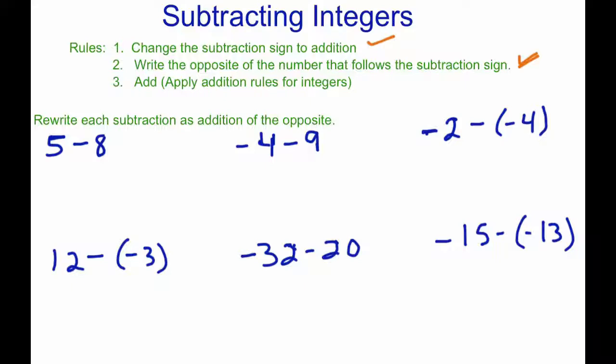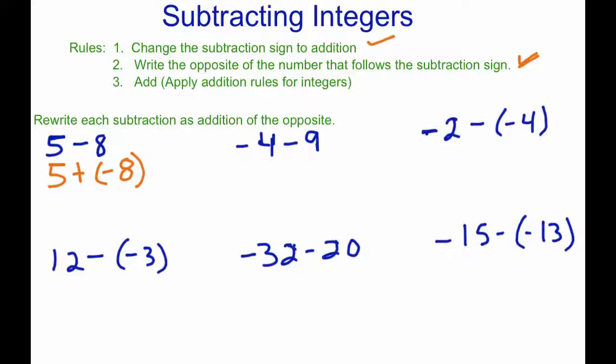5 will just stay. We don't touch it. We don't bother it. And then to change subtraction to addition, and the number following that subtraction sign, we change it to the opposite, which becomes negative 8. Now, an analogy that I use to help me remember or to share that with someone else is to think about people.